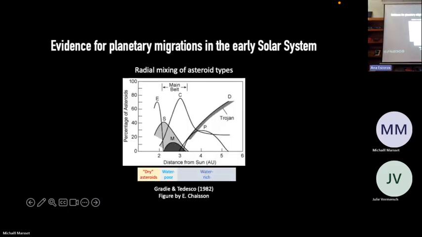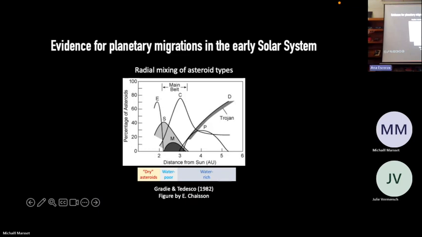Here is an old plot from the 80s showing the distribution of asteroid types as a function of distance from the sun. Each letter corresponds to a specific type. I'll tell you more about compositional types later on. From this plot, you can see that there's some compositional stratification in the inner solar system.